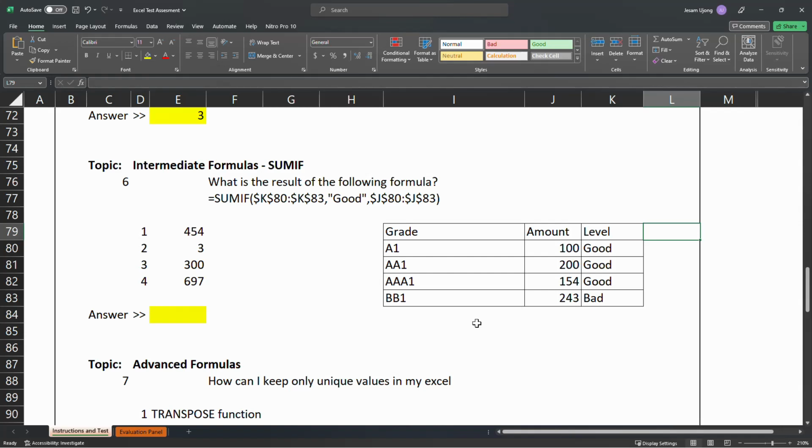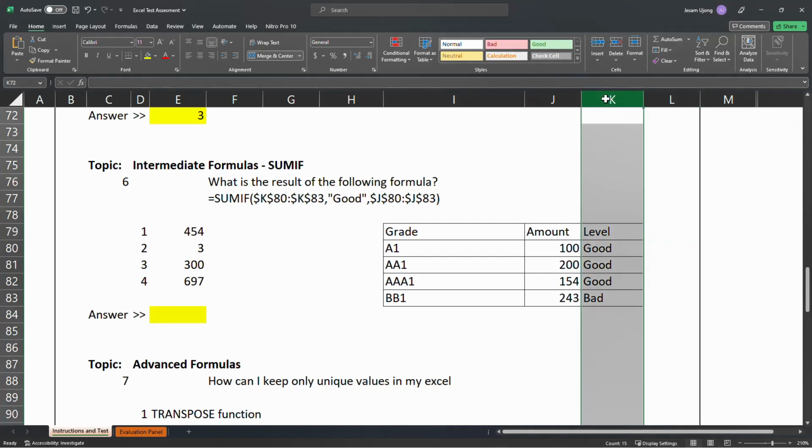So we have the range and the criteria. The range that we're trying to get the values from is column K, cells K80 to K83.